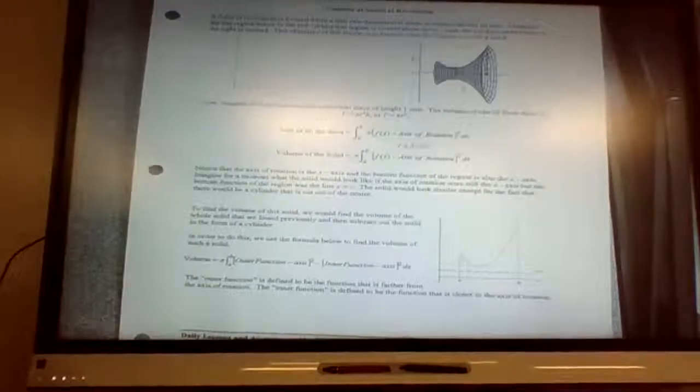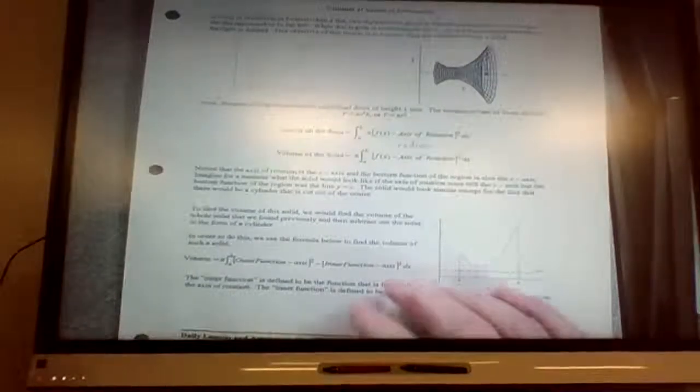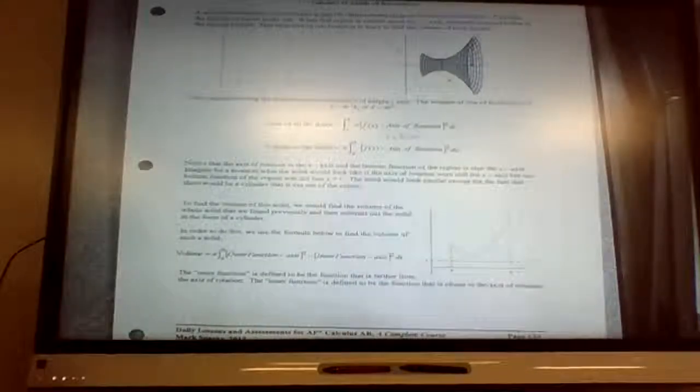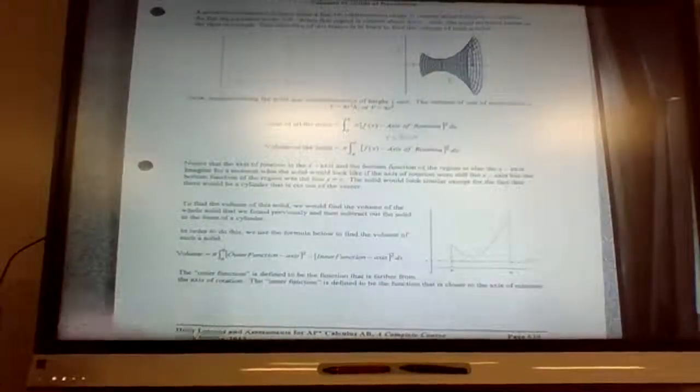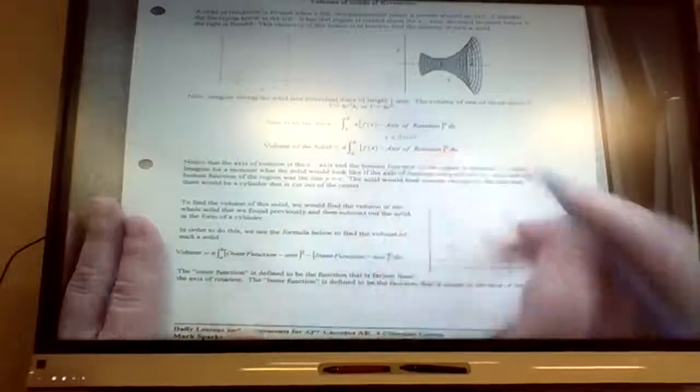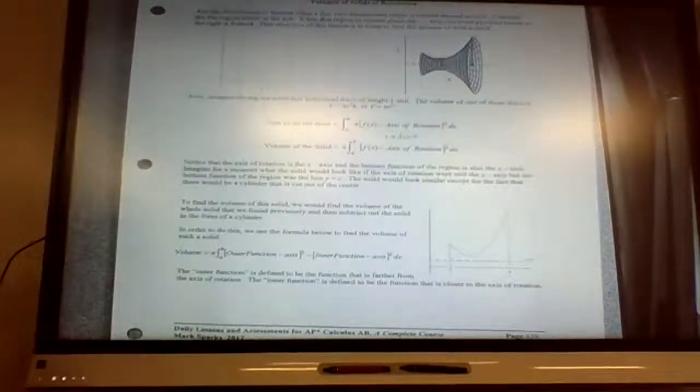All right. So notice that the axis of rotation is the x-axis, and it's what we would call the bottom function if we were looking for that. Okay. It's also the x-axis. Imagine for a moment what the solid would look like if the axis of rotation were still the x-axis, but the bottom of the function was the line y equals c.